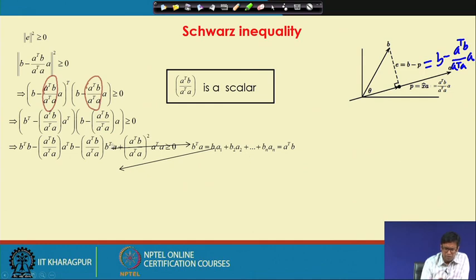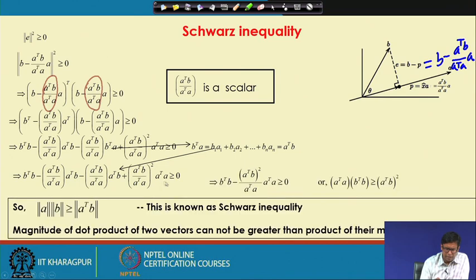So, we substitute B transpose A with A transpose B in the equation, and finally we get B transpose B minus A transpose B whole squared by A transpose A is greater than or equal to 0, which gives us A transpose A into B transpose B is greater than or equal to A transpose B whole squared.